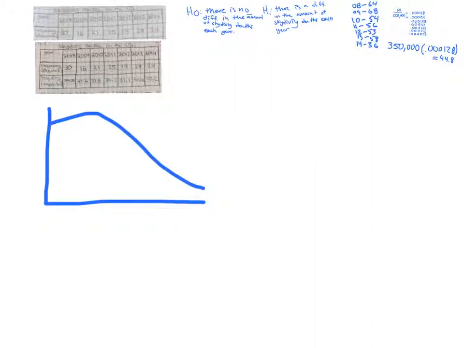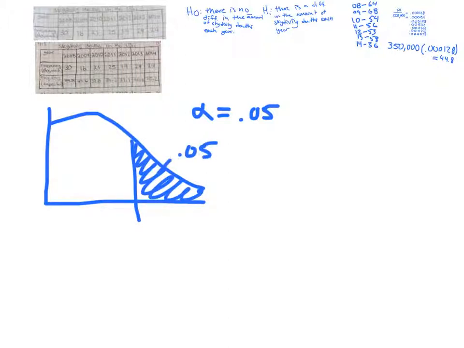And then after that, we're going to make our graph. So we'll start like this, and in this chapter, all graphs are right-tailed. And we will be using a 0.05 level of significance, so alpha equals 0.05. And first we need to find the critical value.